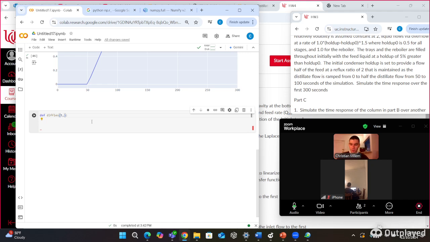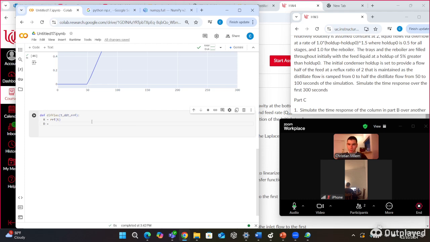And then we have our two different differential equations that we'll need, which are going to be dx, which we'll have to pull from d parentheses mx, and then just dm. Then we need our reflux ratio function. So first off, R is just going to be reflux ratio as a function of time.